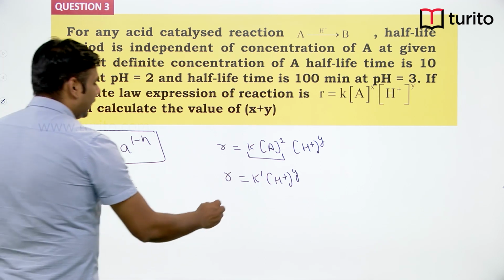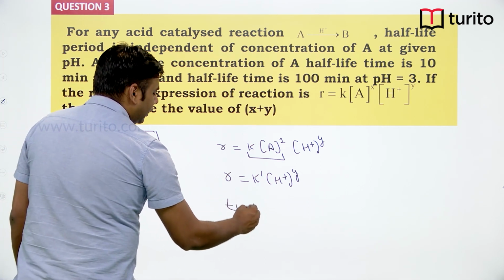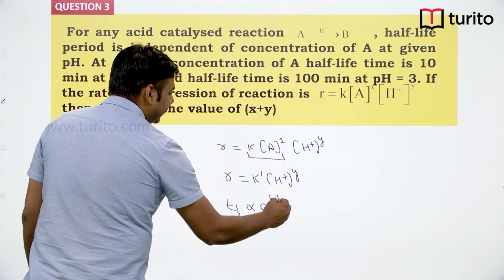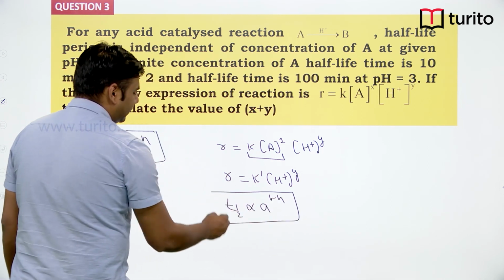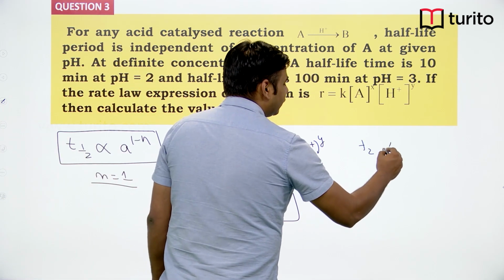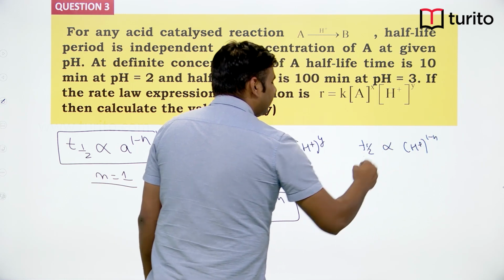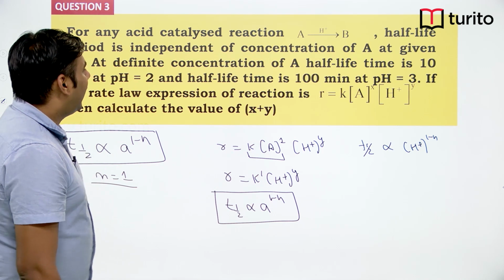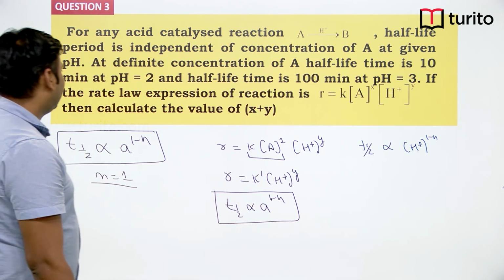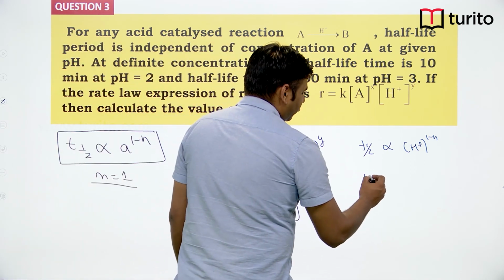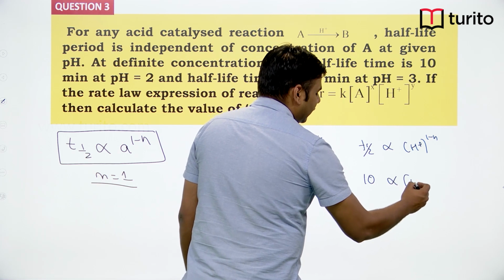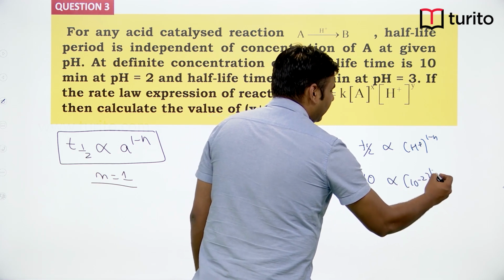So we know that half-life time period is proportional to A raised to power 1 minus n. In this case it is H plus raised to power 1 minus n. Okay. So initially the half-life time period was 10 at pH 2. So this is 10, H plus is 10 raised to power minus 2, raised to power 1 minus n.